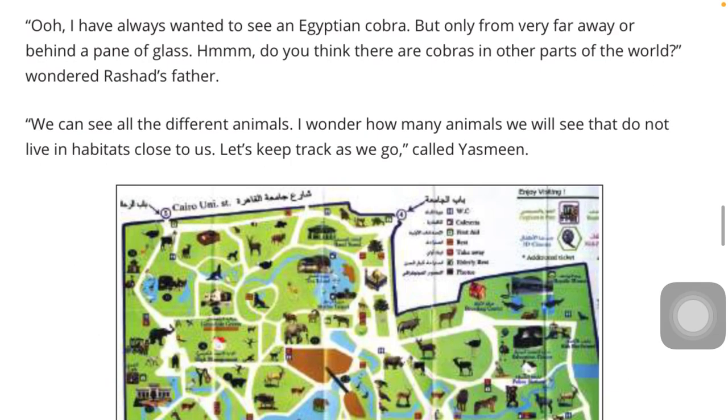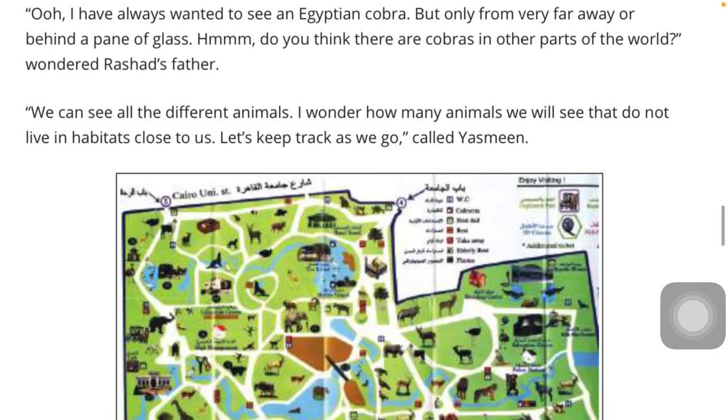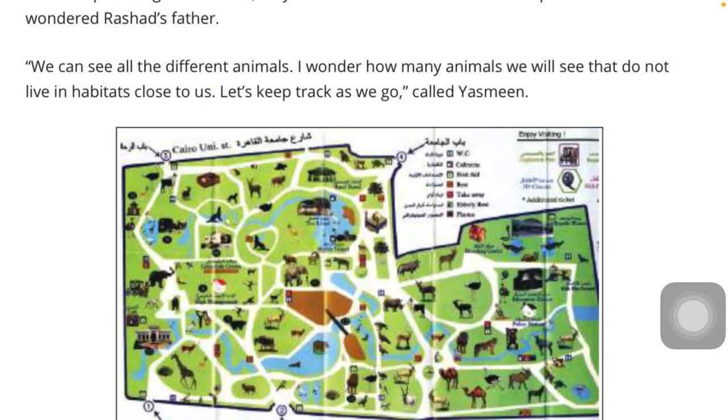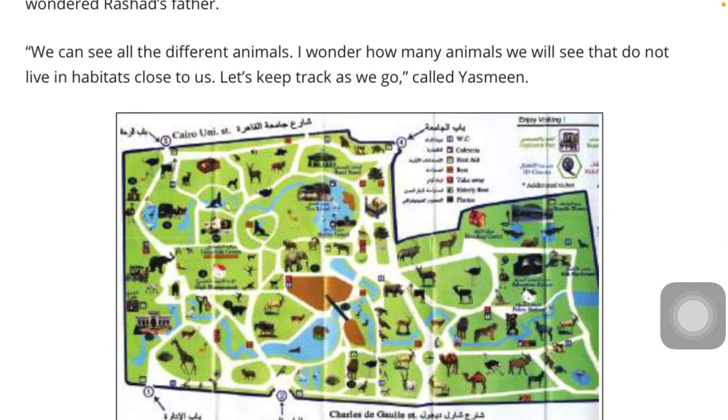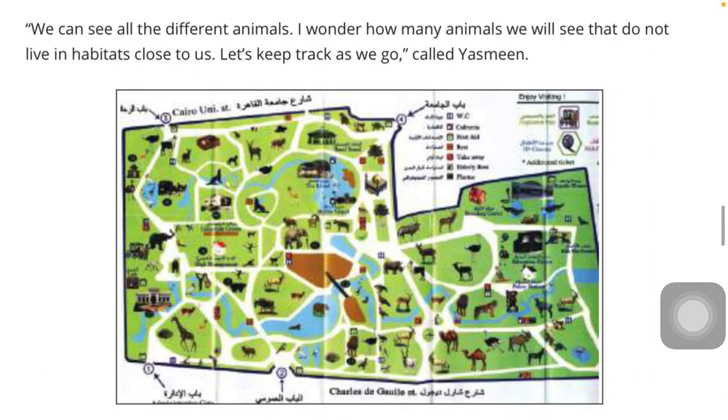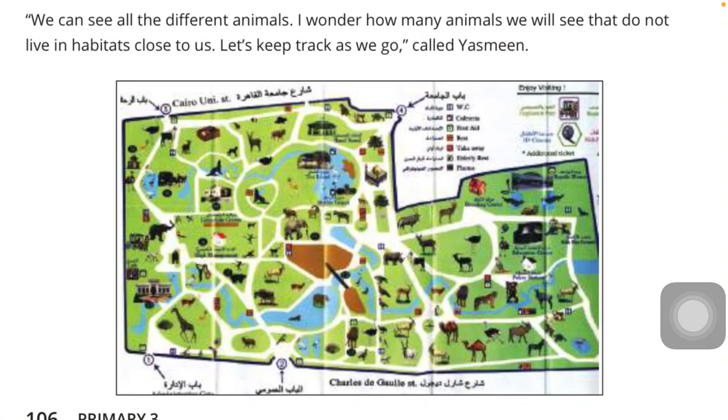Do you think there are cobras in other parts of the world? Wondered Rashad's father. We can see all the different animals. I wonder how many animals we will see that don't live in habitats close to us. Let's keep track as we go, called Yasmin.